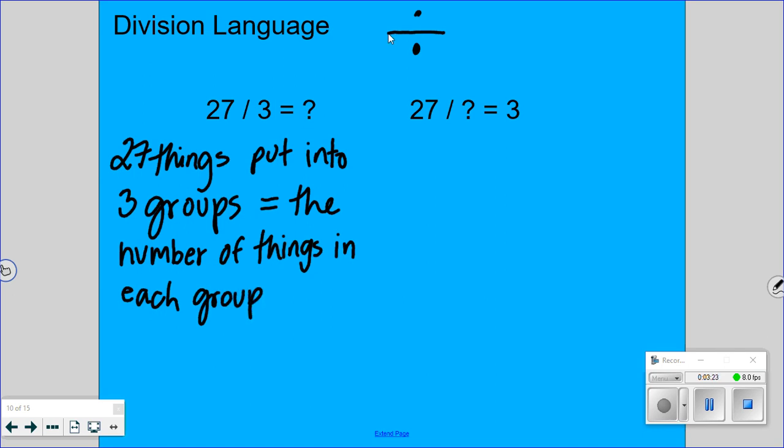Go ahead, 27 things. I put them into 3 groups. And my question mark means how many things are in each one in the 3 groups. So I'll give you some seconds. I know that was a longer definition.